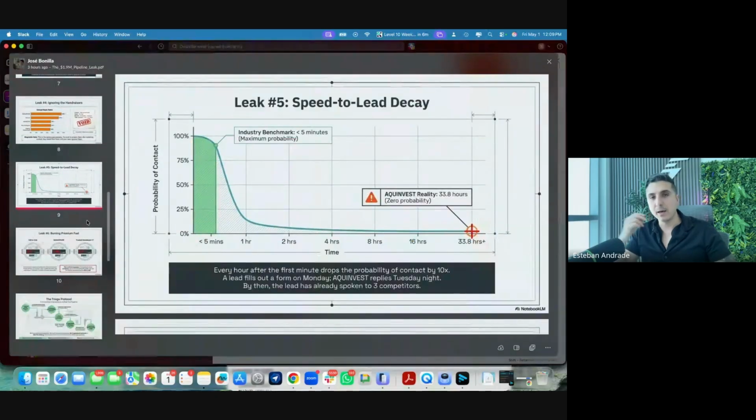Speed to lead. The benchmark is 5 minutes or less. If you see someone replying, if you see someone coming in, if you see someone that is warm or hot, you want to step in there, because the problem is that people don't have your phone number saved. So if you do, for example, a speed to lead of, "Hey, this is Ryan from Aquino Invest," right?